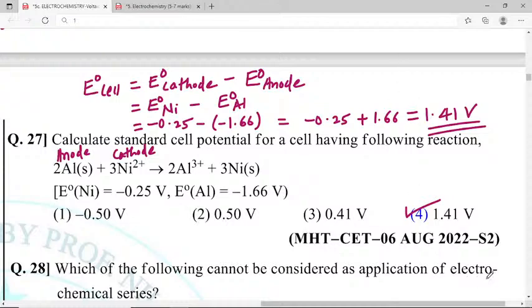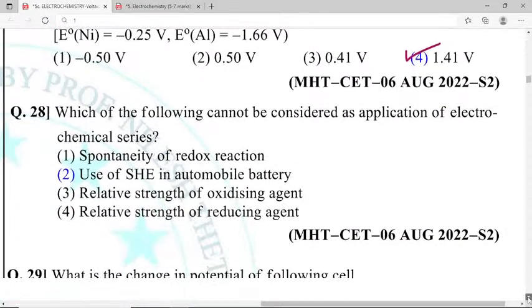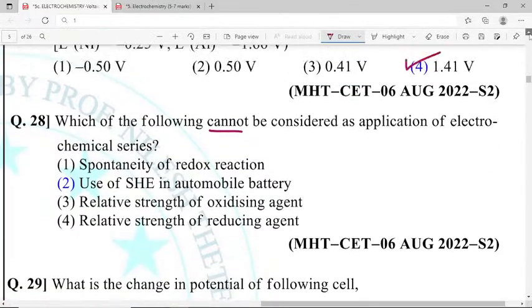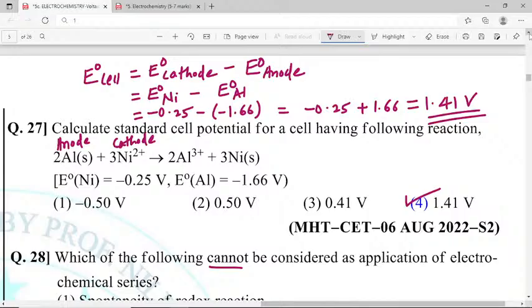Okay. Next question, question number 28. Which of the following cannot consider as... Where is it written as minus 0.25?